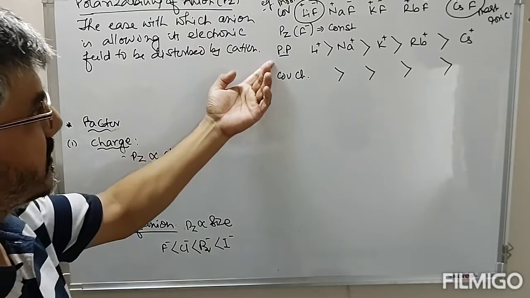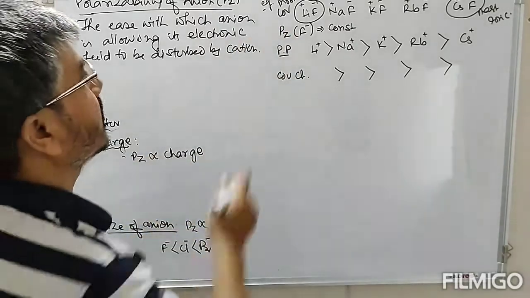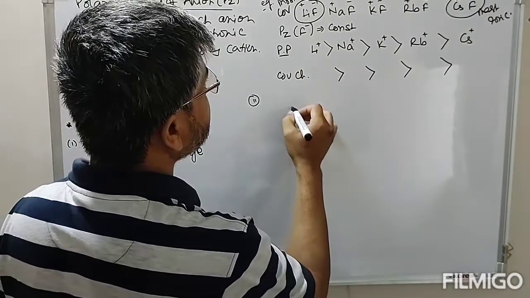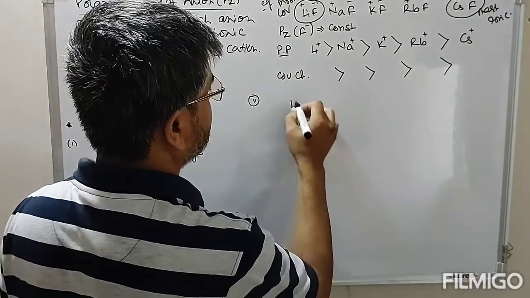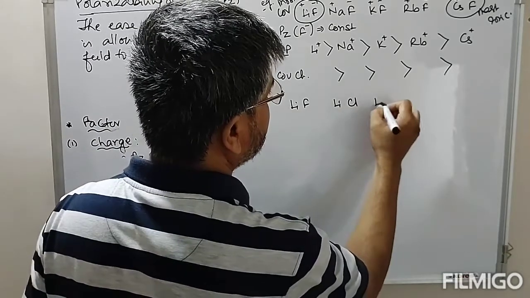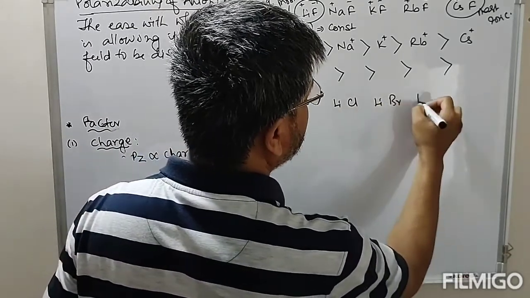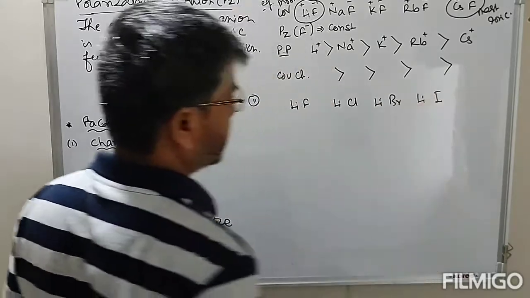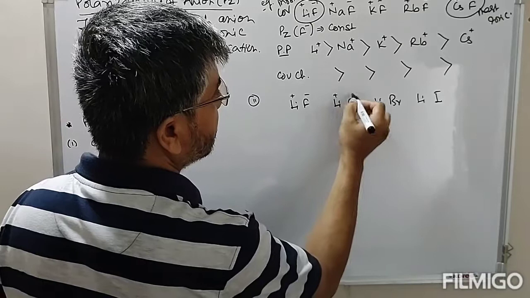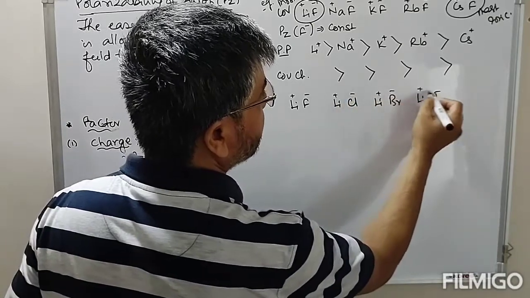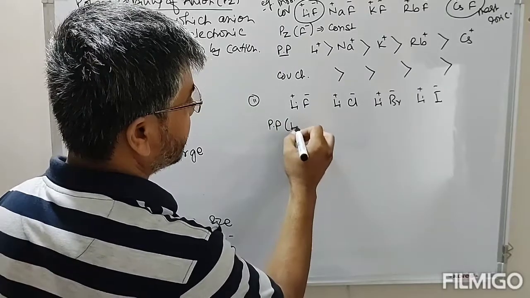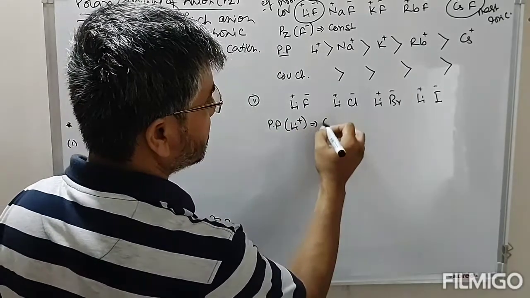So we are discussing polarizing power and the polarizability. Take the second example. Lithium fluoride, lithium chloride, lithium bromide, lithium iodide. Now we have the same cation and different anions. So in this case, the polarizing power of the cation, that is the lithium plus ion, is constant.